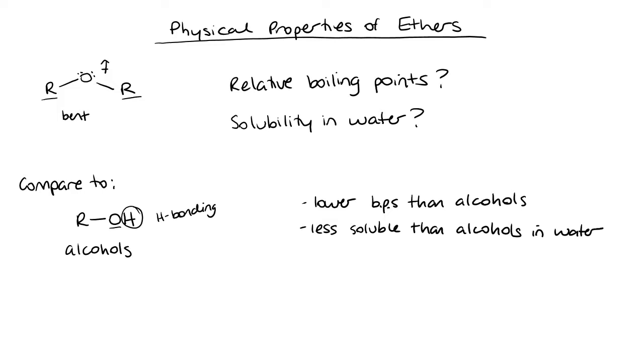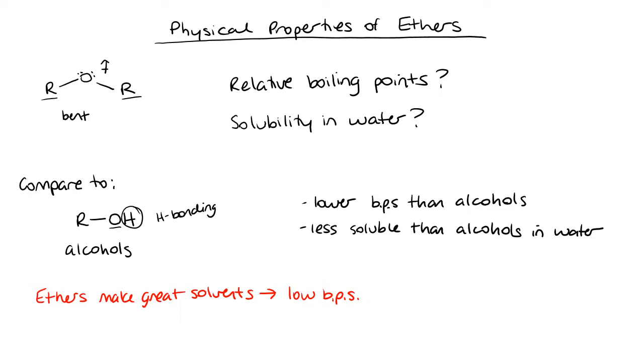Okay, so ethers have lower boiling points, they're less soluble in water. Now what that means is ethers actually make great solvents. So they're often used in the labs. And the reason that they make great solvents is because of their low boiling points, so they can be easily evaporated.